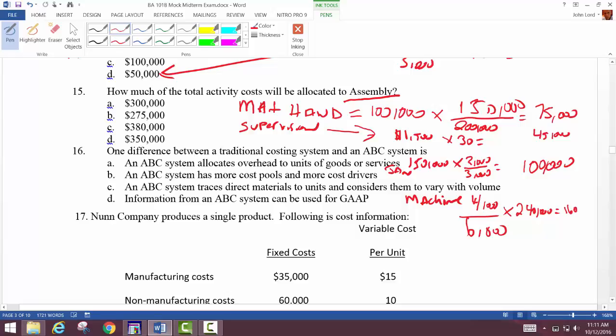Okay, so if I add the materials handling plus the supervision plus the janitorial, plus the machining, I add all those together, that should give me a total of 380,000. Does that add up? So 380,000 is choice C here.